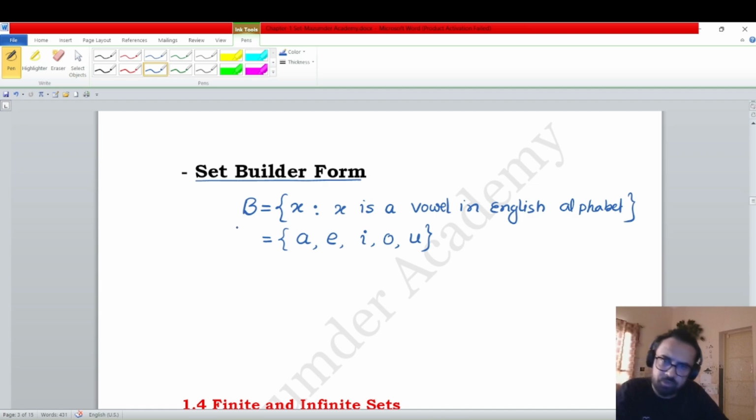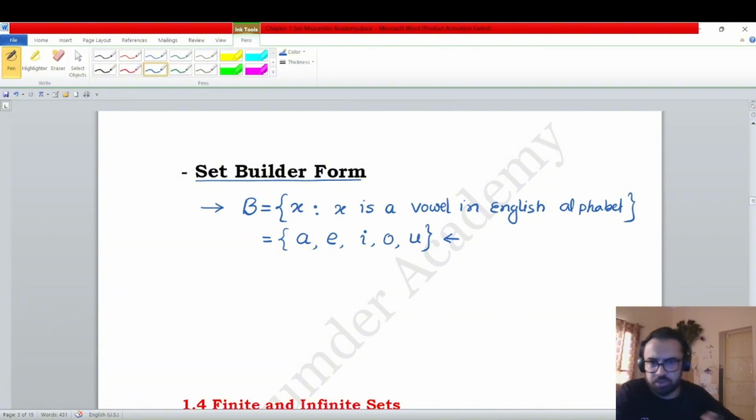So writing the actual elements and writing the elements as a description are two different notations but representing the same set. If I write like this, it will be list form, that is roster notation. And if I write like this, it will be set builder form. Both represent the same set, but in two different notations.